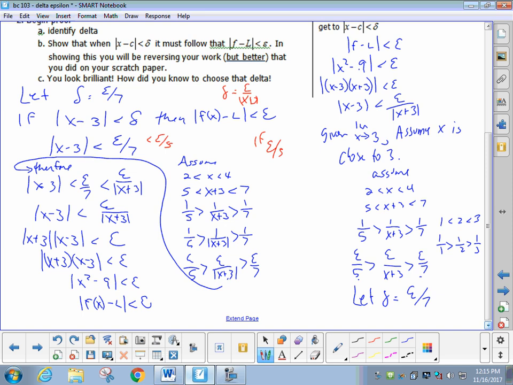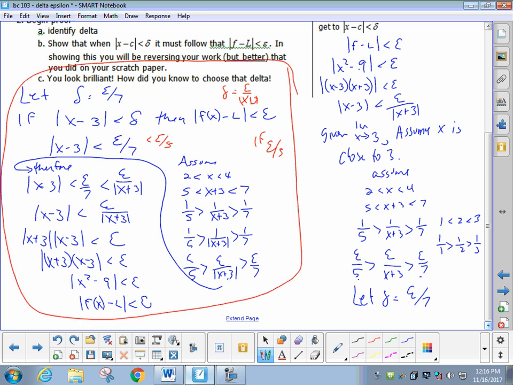The problem is I wouldn't have known that without doing this, and so this is to discover the delta, and this is the actual proof. As far as what I would see on your homework, I would see that. I don't even see this. Like I said, that's the part that drives students mad. You're going forward and backward, and it feels like, what's the point? It's because I only see you go forward. I don't see all this.